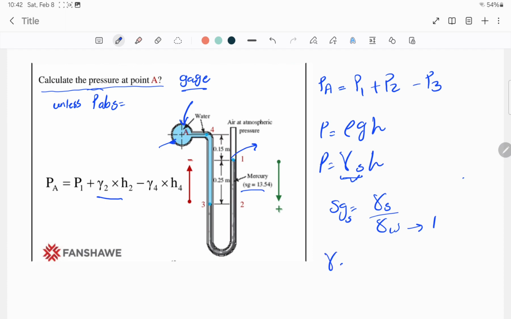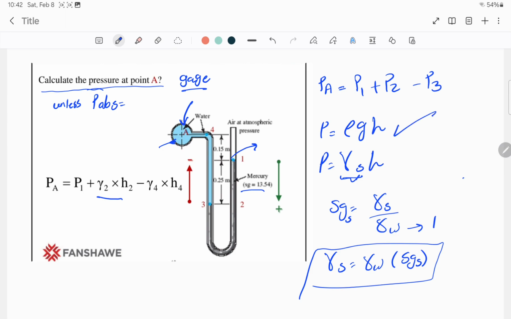So you'll solve for the specific weight of the substance, which is specific weight of water times SG of the substance. That's trick number 2, because usually we were used to solving it using the density, gravity and H, but sometimes the density won't be given, only an SG, and you need to find the specific weight using this formula.